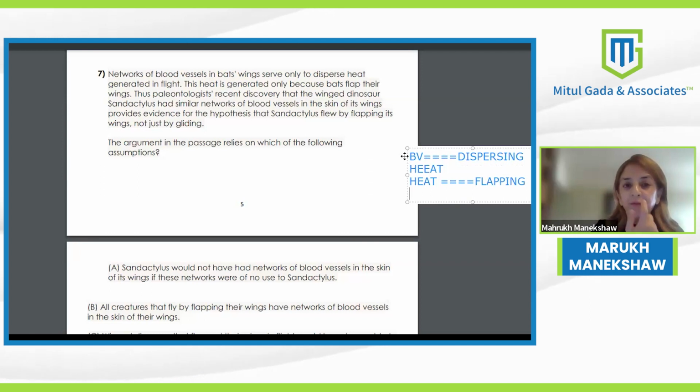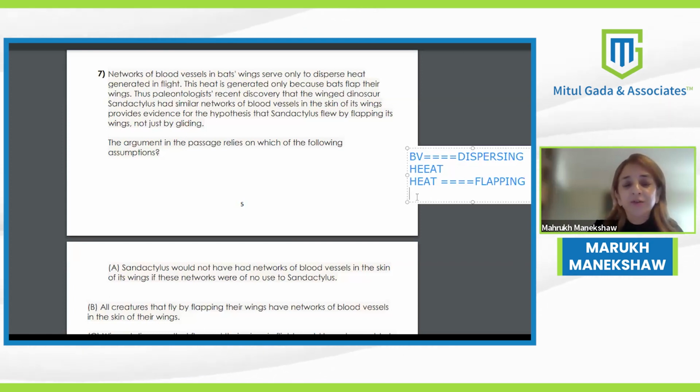Next, we've come to some discovery. So I'm sure this is going to lead us to our conclusion or a hypothesis, as I can already see here. Thus, paleontologists' recent discovery that the winged dinosaur, Syndactylus, had similar networks of blood vessels in the skin of its wings provides evidence, which means here we have a next premise.